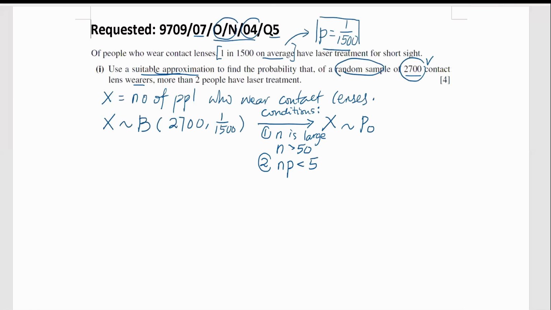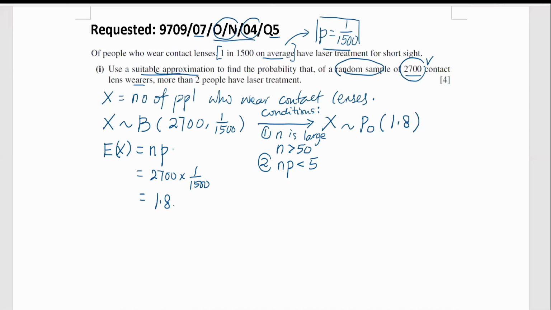This is a binomial distribution, and as we know, the mean of a binomial distribution is given by np. 2007 multiplied by 1 over 1,005 gives you 1.8. You can see that 1.8 is less than 5, so it can be modeled as a Poisson approximation with mean 1.8.